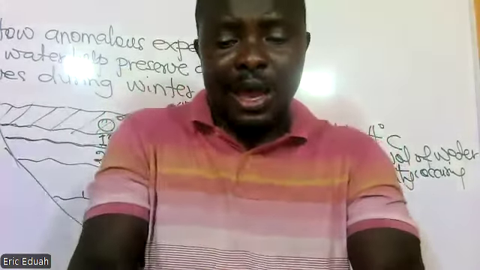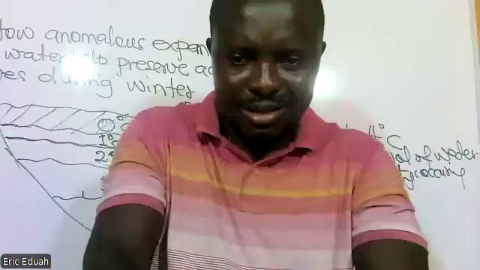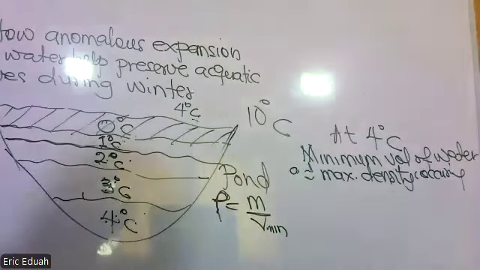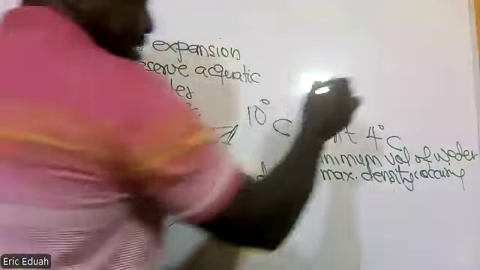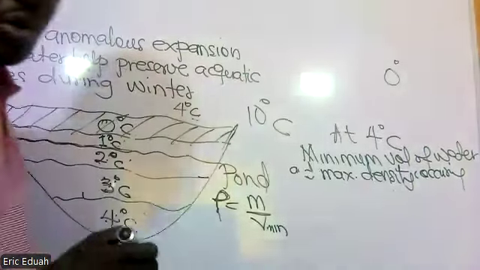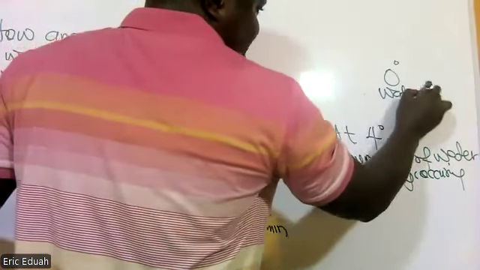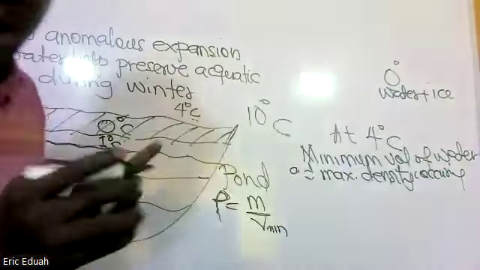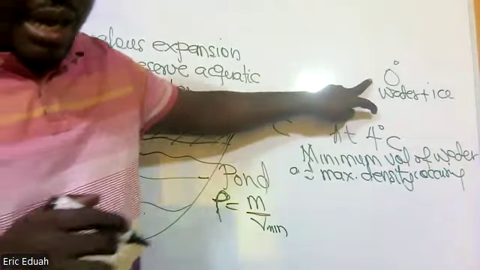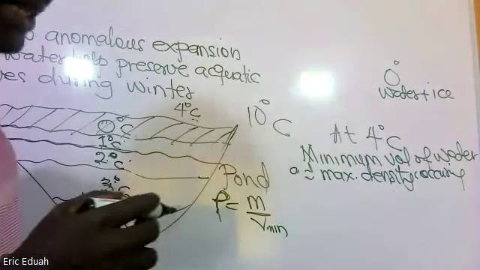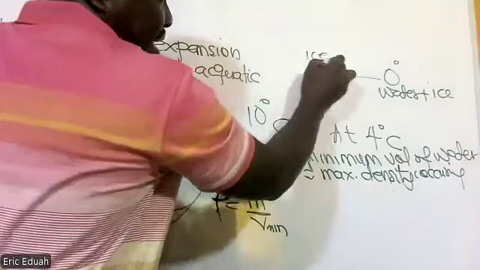And this also explains why ice floats on water. Why does ice float on water? Ice floats on water because, you see, ice starts at a temperature of 0. So at 0, we have water and ice in coexistence. Change of state starts from 0, and the temperature must be maintained from 0 till we have complete ice.